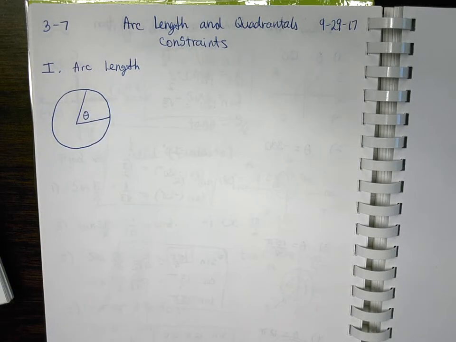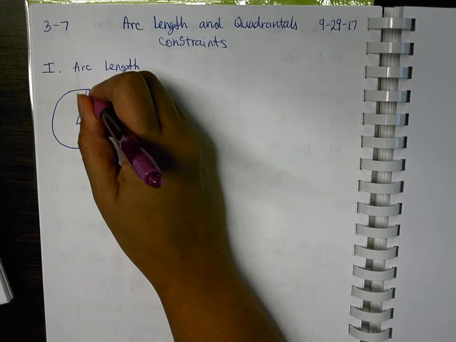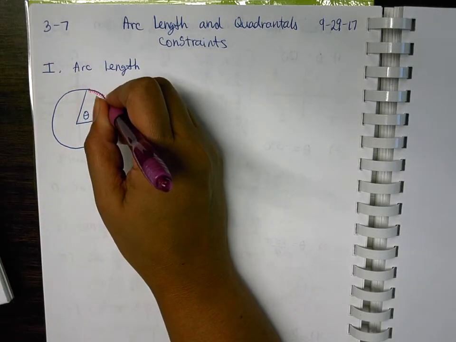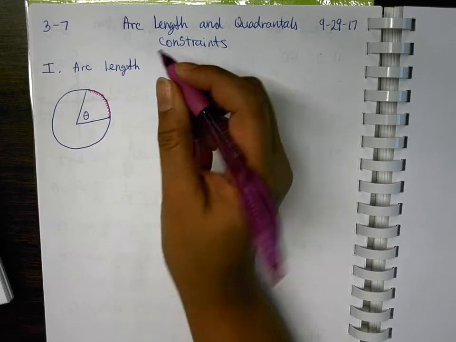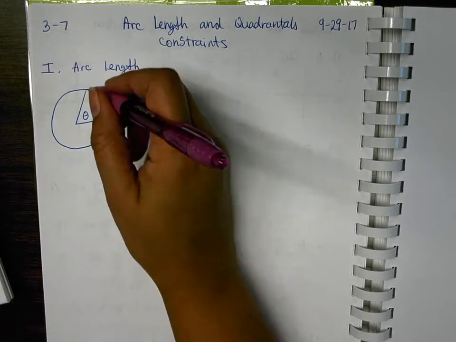All right. Do you guys remember doing arc length in Math 2? Kind of? Okay. Arc length is a fraction of your circumference, like this piece here. Now we find it a little different than we used to in Math 2.